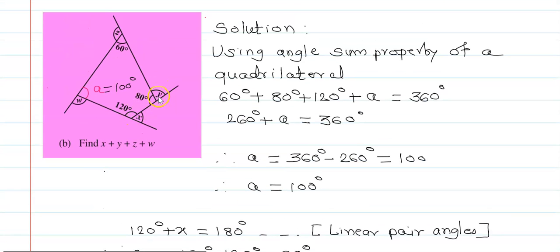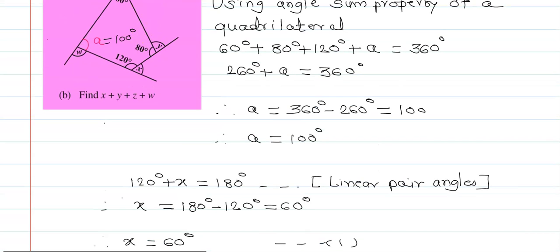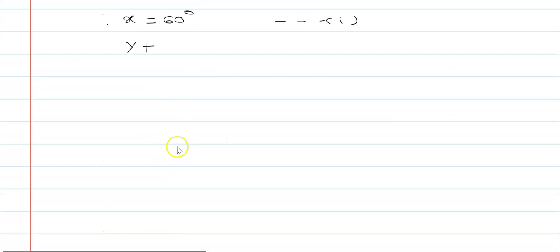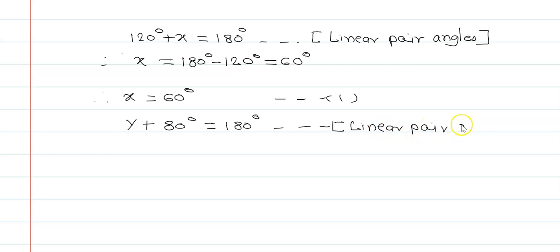In this way we will calculate the y. Again, y plus 80 degree is equal to 180, for the same reason, linear pair angles.